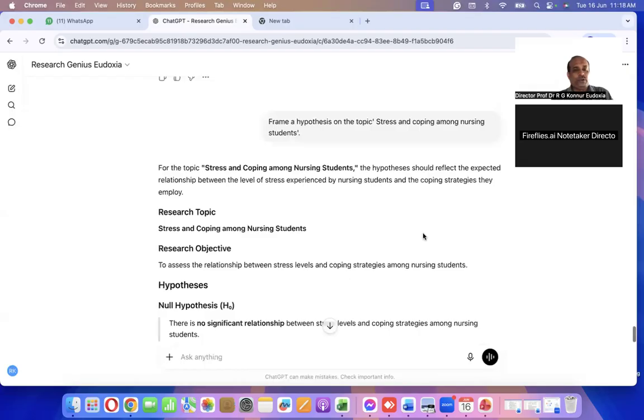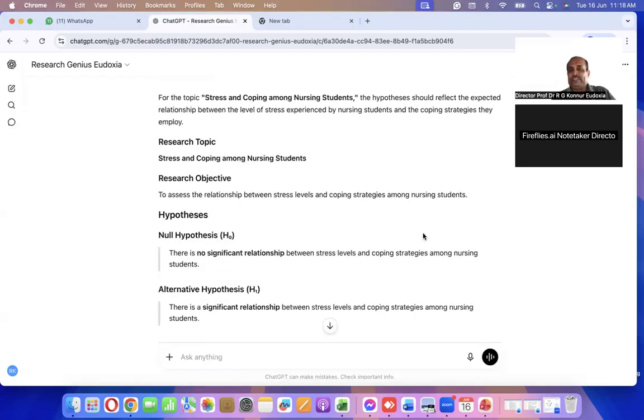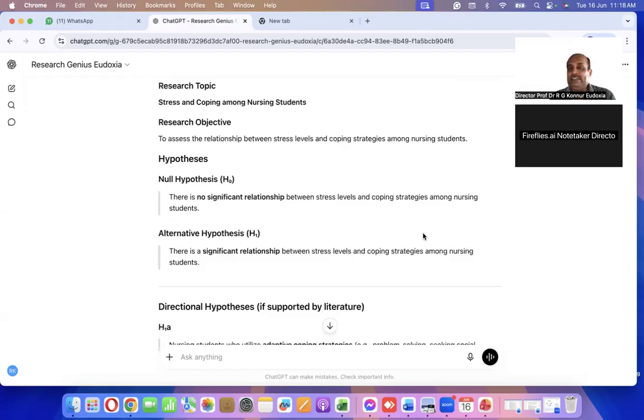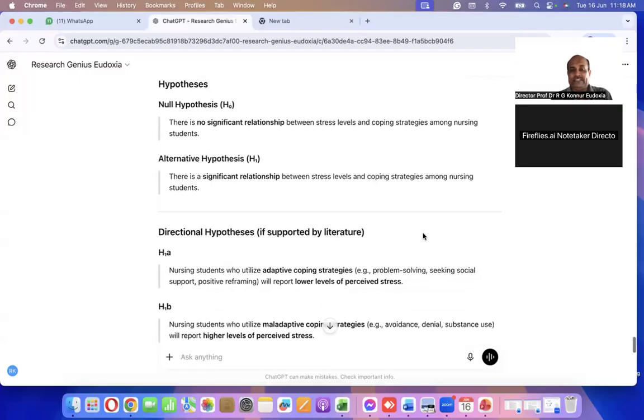Research objective: to assess the relationship between stress levels and coping strategies among nursing students. So what will be the hypothesis? The null hypothesis, usually denoted by H naught: there is no significant relationship between stress levels and coping strategies among nursing students. Then we frame the alternative hypothesis: there is a significant relationship between stress levels and coping strategies.